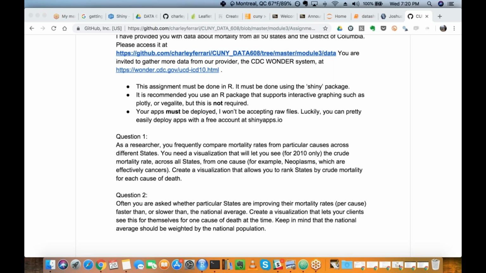So Peter, we're not looking at just one cause of death. We're going to be comparing all of them. When I say from one cause, I mean one cause at a time. Perhaps I should have clarified that. Basically, we're looking at different causes and comparing those each across states. Sorry for the confusion there.